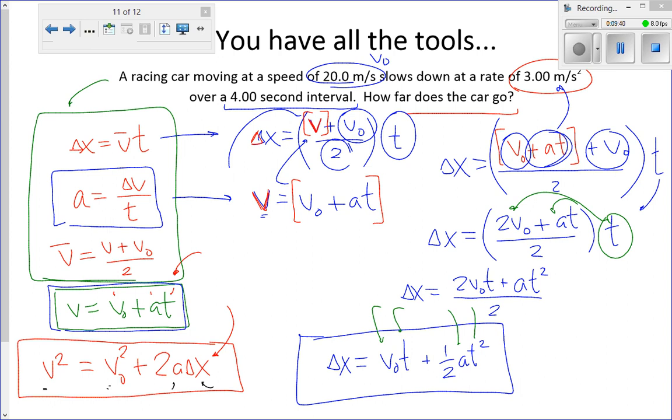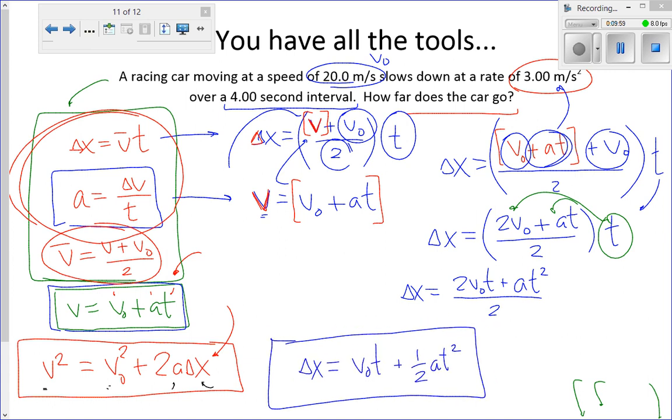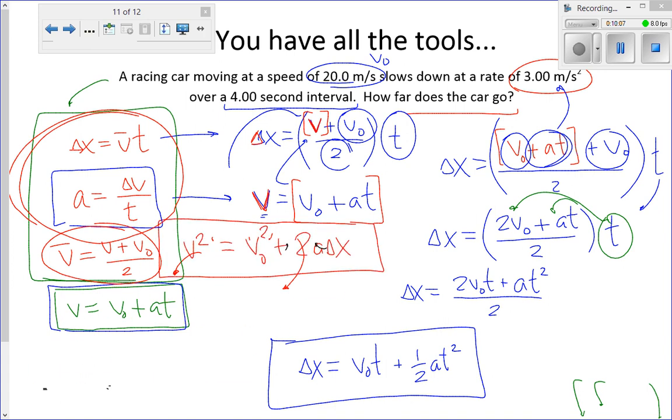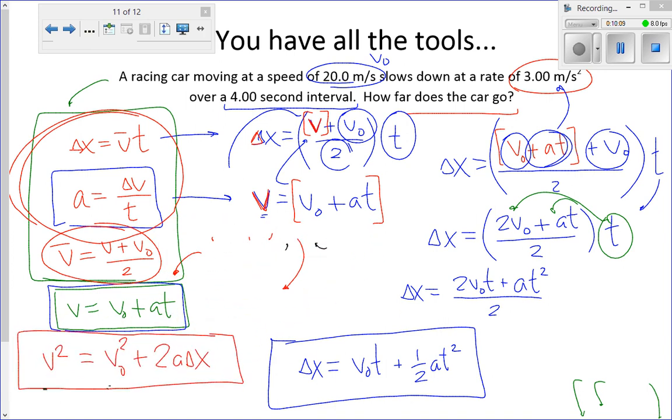You can still solve any one-dimensional or really two-dimensional problem with those 2 equations and knowing how you find the average of things, but it can be more convenient to use just one equation. What I certainly don't need is for you to be able to derive these equations.